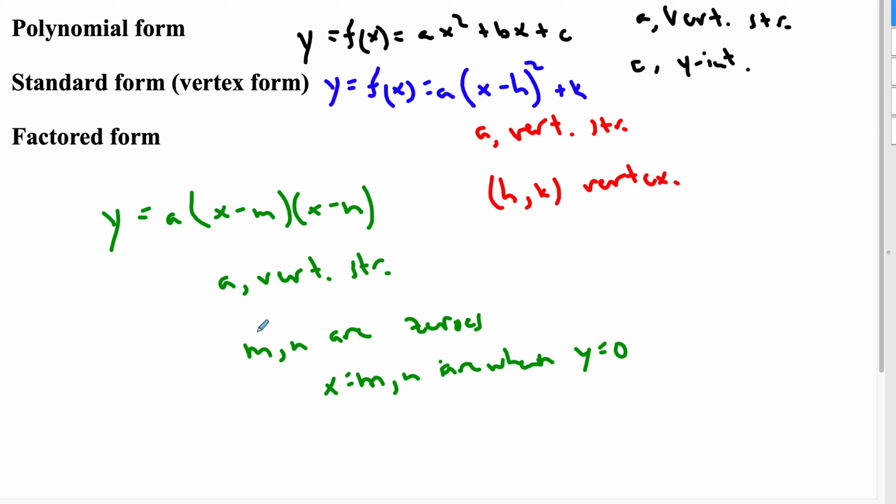Now, this is in the case that you have a quadratic that has 2 roots. You may end up with a quadratic that only has 1 root, and it's going to be more of this form, where that root has to be repeated. Remember, in order to be quadratic, it has to have an x squared, and if you distribute this properly, you get your x squared. Remember, that's x minus n times x minus m. Okay? And that's all we've got for this particular segment of our quadratics extravaganza.